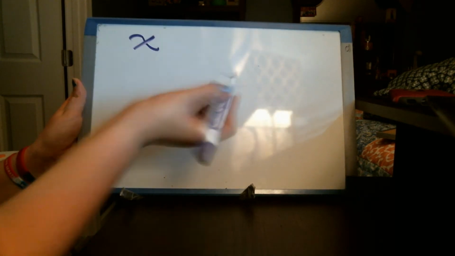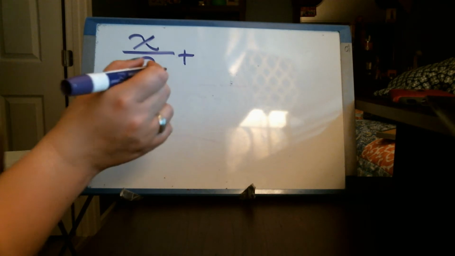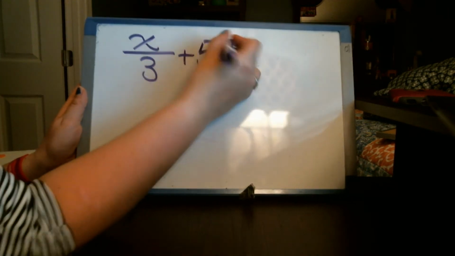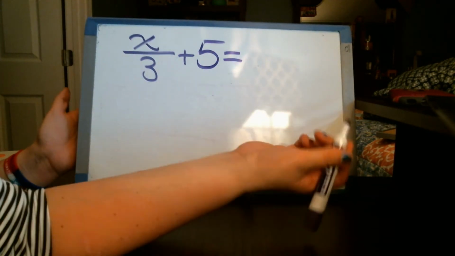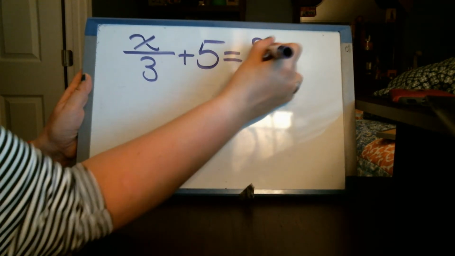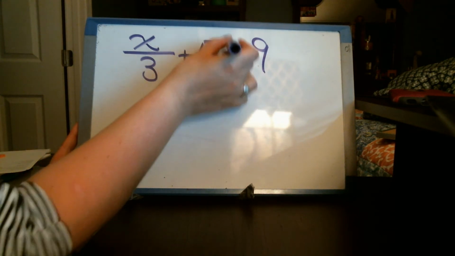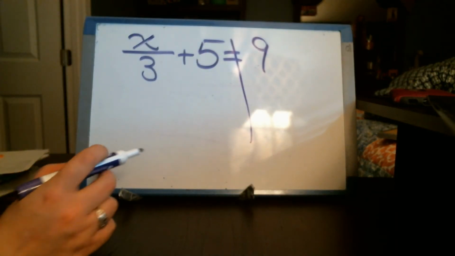All right. So how about this one? We're going to actually do an x over 3 plus 5 equals 9. All right. So again, we're going to equal sign river.